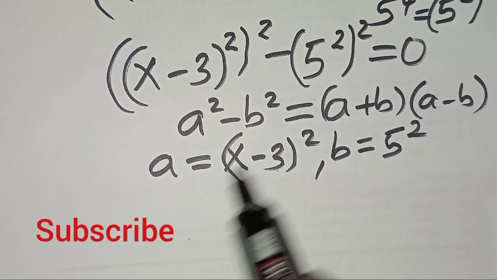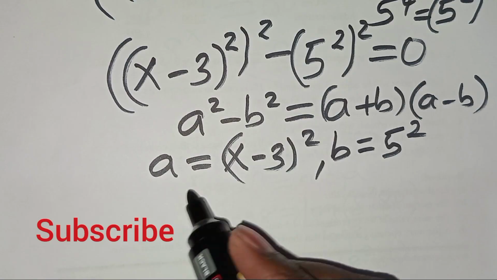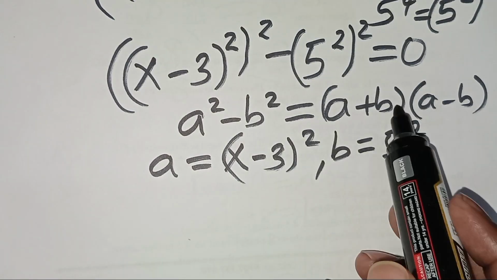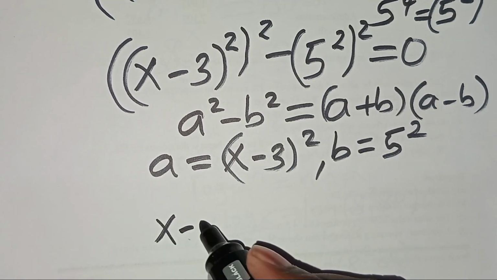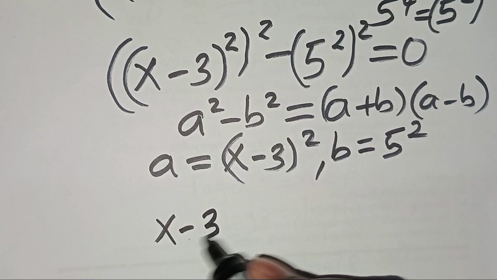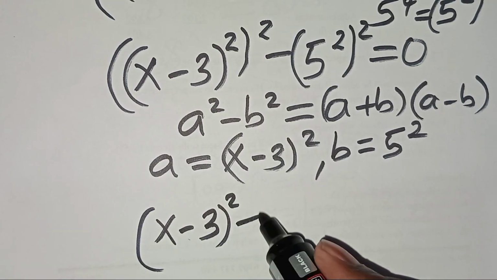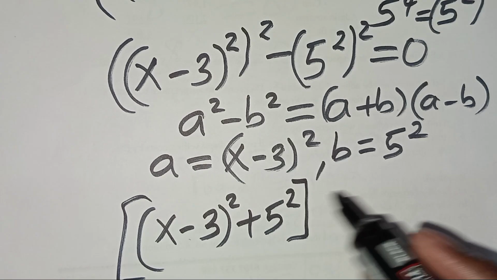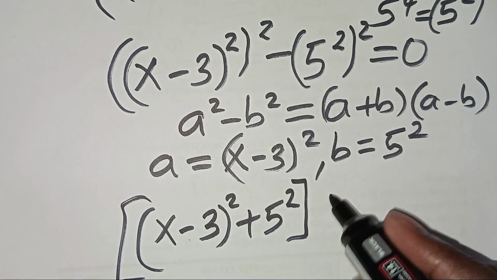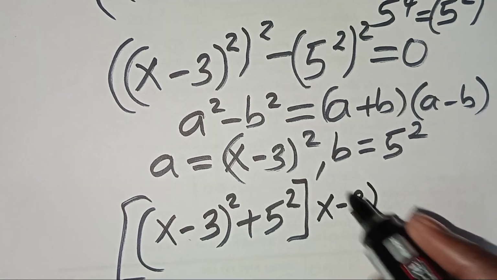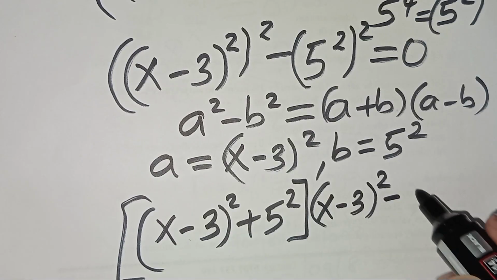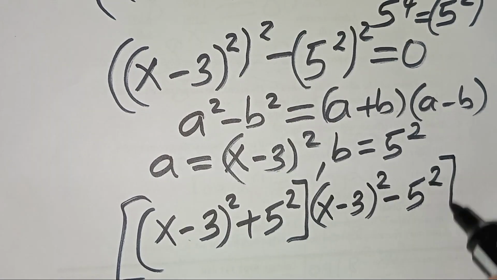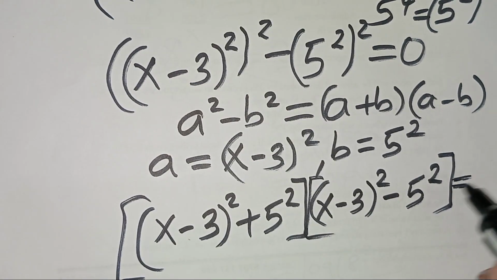Now applying this property, this means that we have a plus b as (x − 3)^2 + 5^2, and then we have a minus b as (x − 3)^2 − 5^2, close the bracket, this is equal to 0.